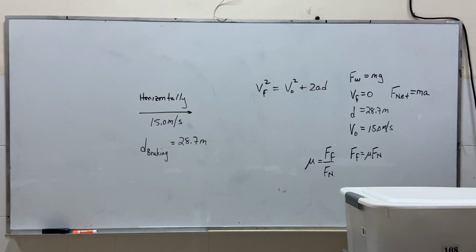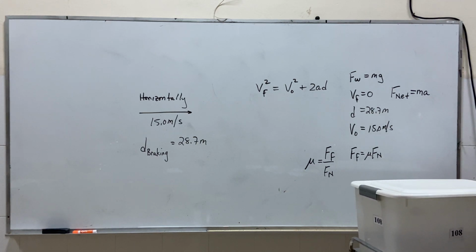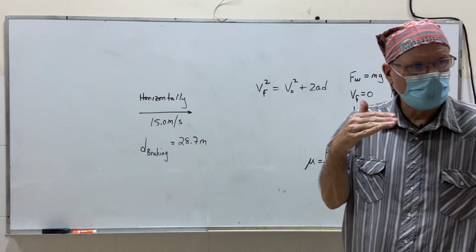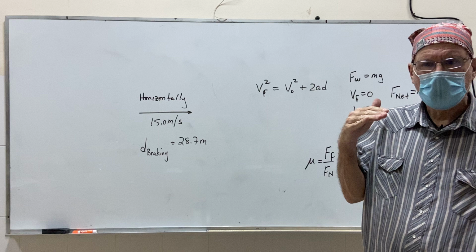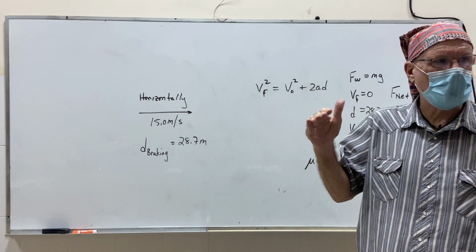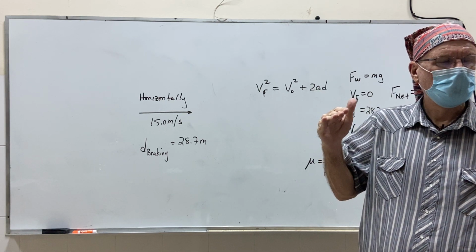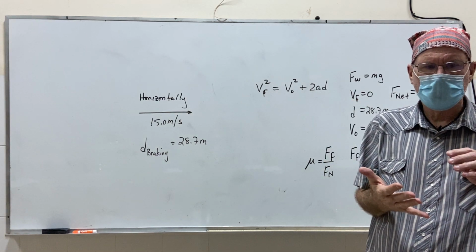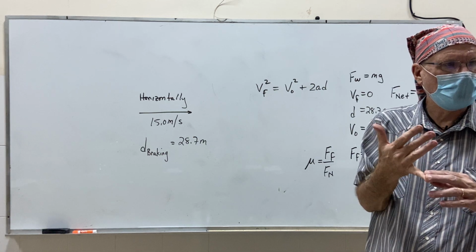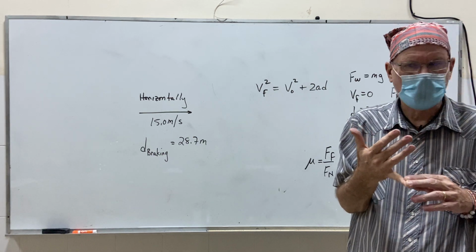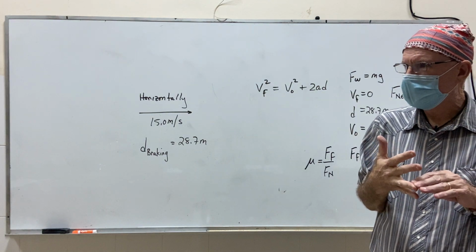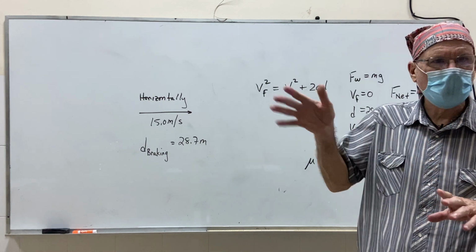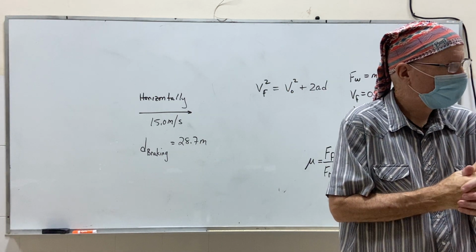So, if I'm in a car driving at a constant velocity and then I hit my brakes and it takes me 50 meters to stop, you know, I was going 90 kilometers per hour, and I hit my brakes, and my final velocity is 0, and it took me 100 meters to stop.